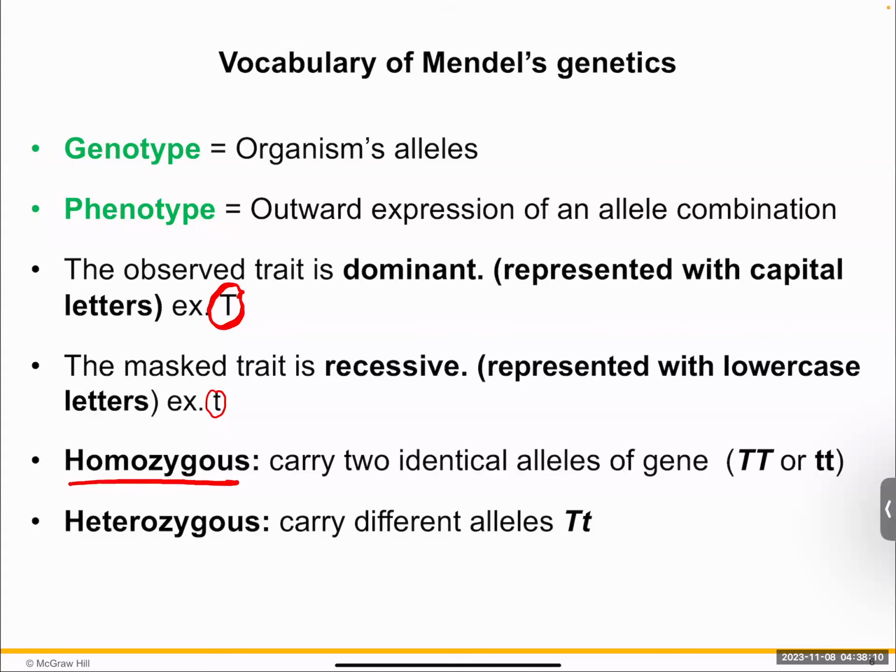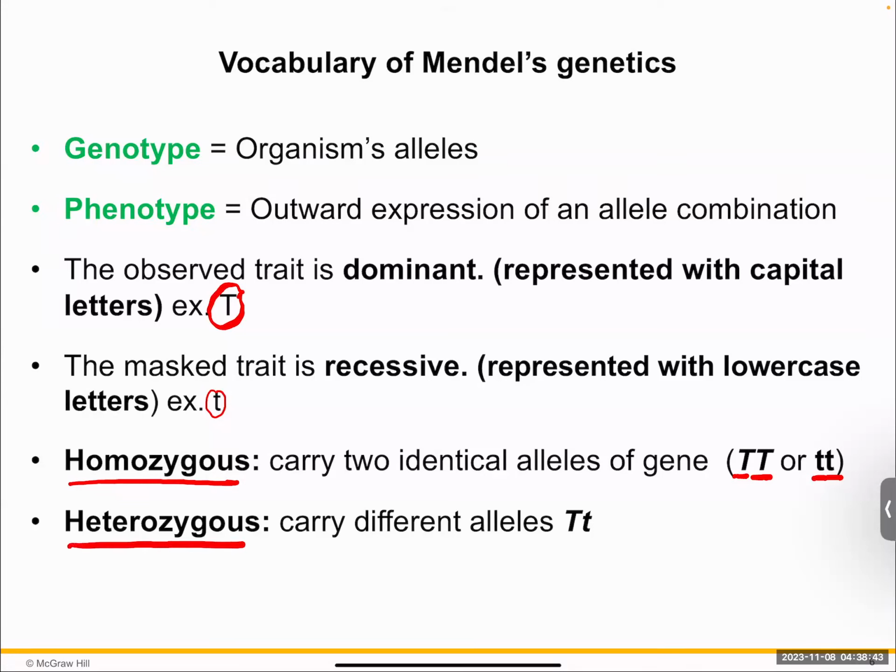Homo means same, so homozygous means the same identical alleles. That could mean both parents are giving you the dominant version of that allele, which makes you a capital T, capital T, or both parents are giving you the recessive allele, which we represent with lowercase t and lowercase t.